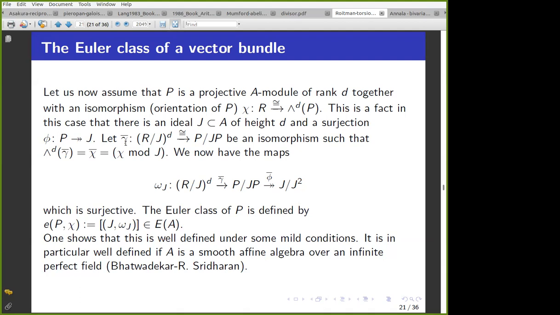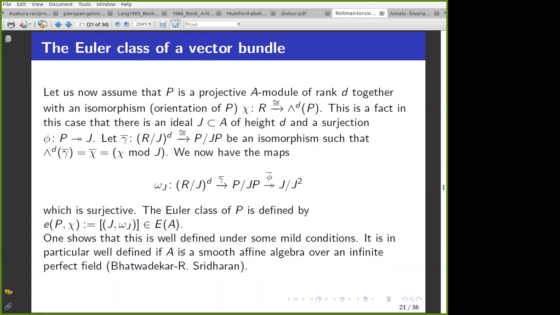So let gamma bar from (A/J)^d to P/JP be an isomorphism such that if we take the top exterior power, then it becomes chi bar, which is chi mod J. We now have these maps from (A/J)^d to P/JP to J/J^2. And the Euler class of P is actually just this class (J, omega J).